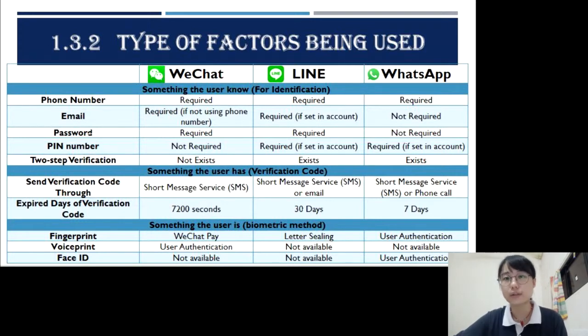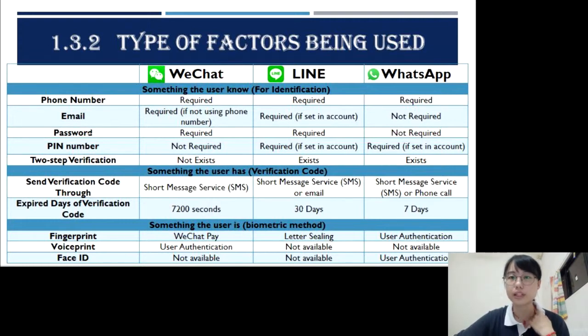For Line and WhatsApp, you can send the verification code using SMS, or using email. For WhatsApp, it can use a phone call or SMS. We can see the expiry time for the verification code in WeChat is 7,200 seconds. For Line it is 30 days. For WhatsApp it is 7 days.